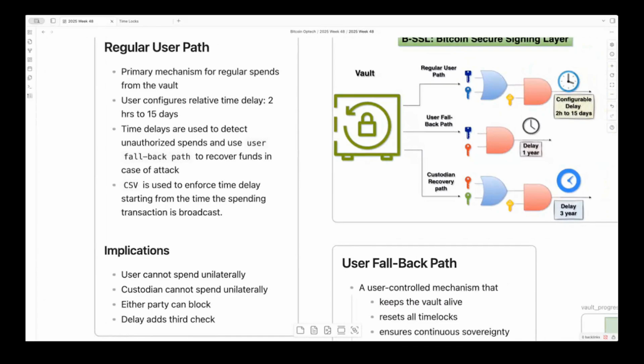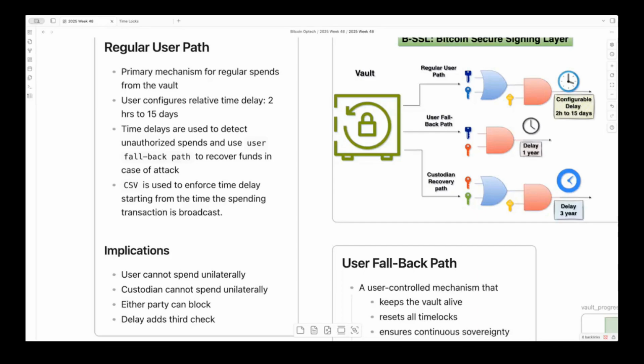So you can configure the delay to be from 2 hours to 15 days, and it will be a relative time lock. The moment the user composes this transaction, this spending path, and broadcasts it, the clock starts, and the funds will be taken up for being mined into a block only after the relative time lock that you put into this whole transaction expires.